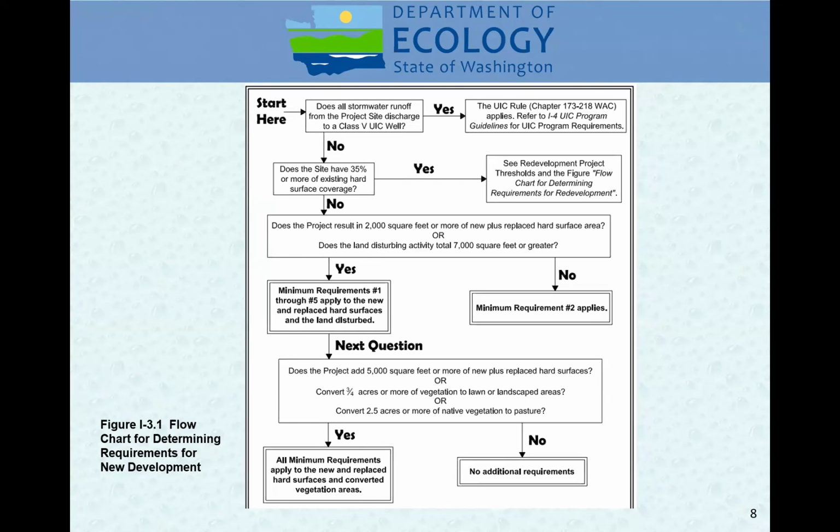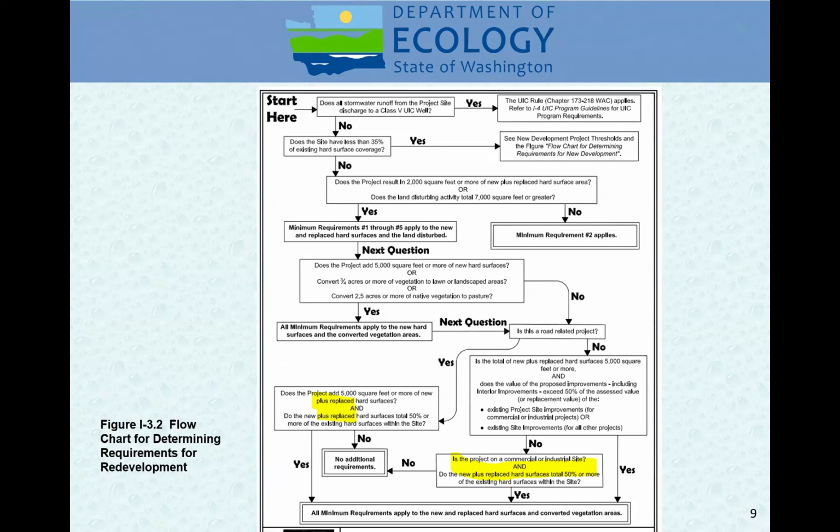Now for redevelopment, we have the same start. Some people may go to redevelopment automatically. Are you going to be doing UIC? Maybe yes, maybe no. We put that in both of them just to be sure. Then we ask that 35% question, and instead of no going to see the other chart, yes goes to the other chart.